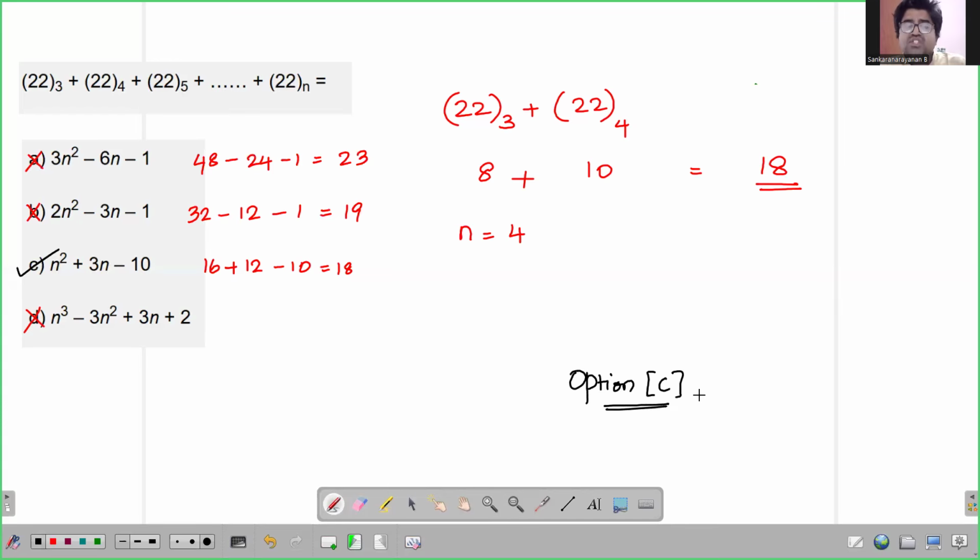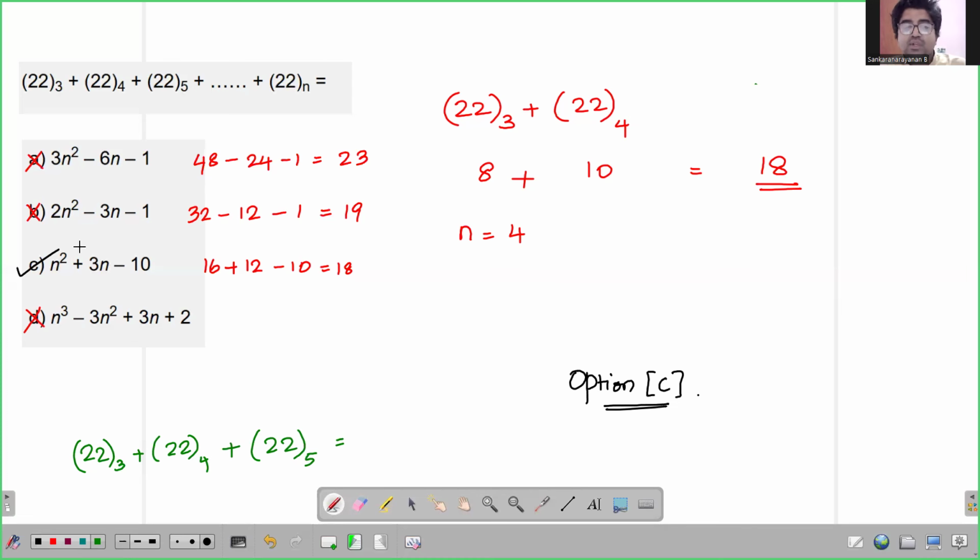Now, it's not needed for the exam, but for your academic interest, if you want to check, you can consider adding 22 to the base 3 and 22 to the base 4. This result you already know is 18. To that you add 22 to the base 5 and see what that decimal equivalent is.